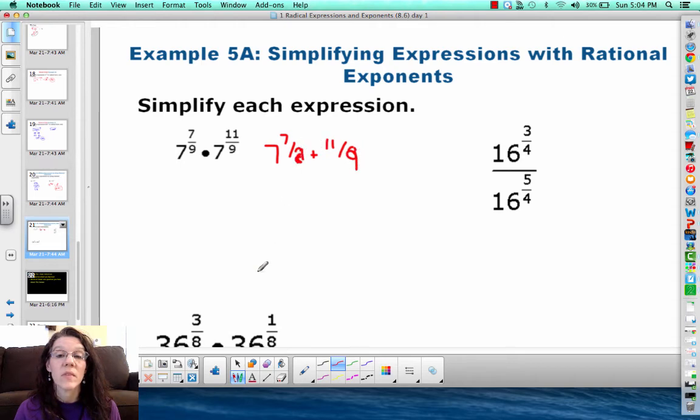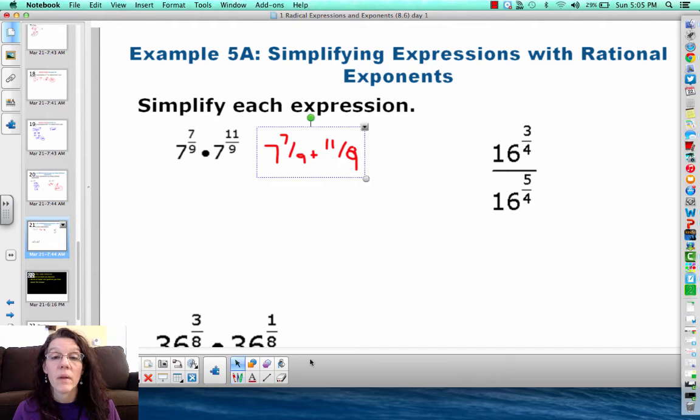Let's see if I can fix that any better. Here we go. Come on. You all know how much I love my technology and how sometimes it doesn't quite work for me, doesn't it? Okay, so now we have 7 to the 7/9 plus 11/9, and this is all that power here. Whoa, what did we do here?